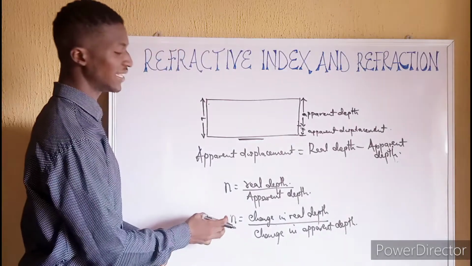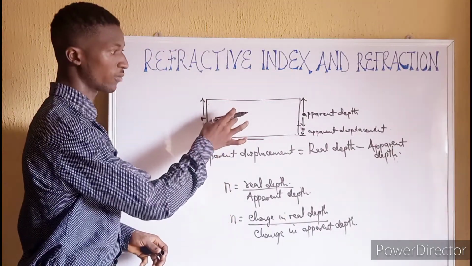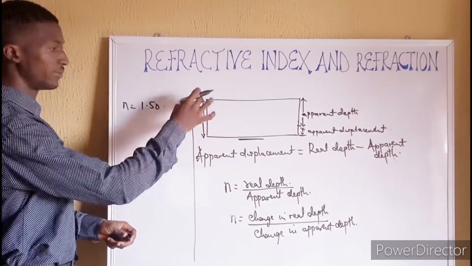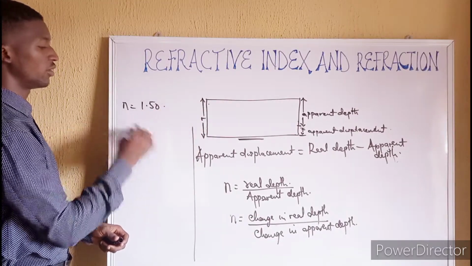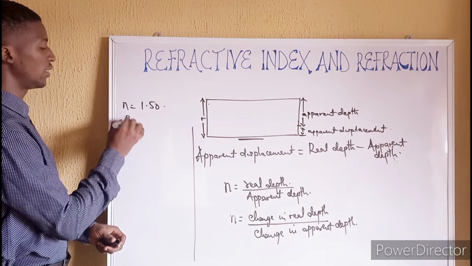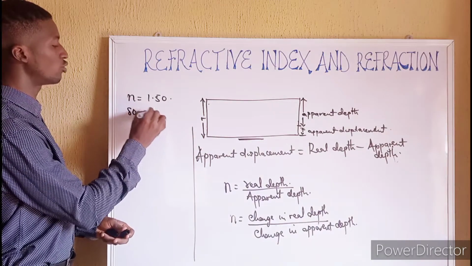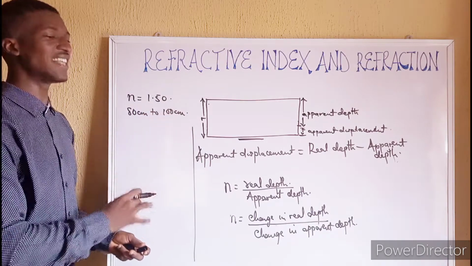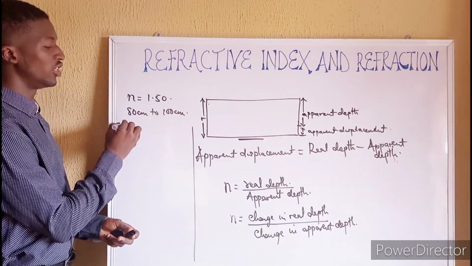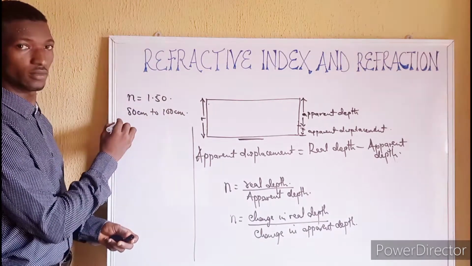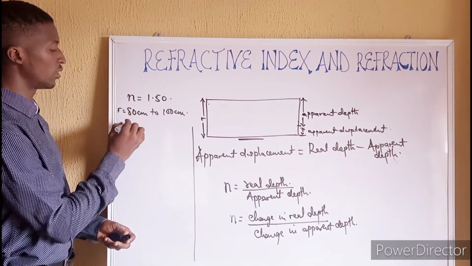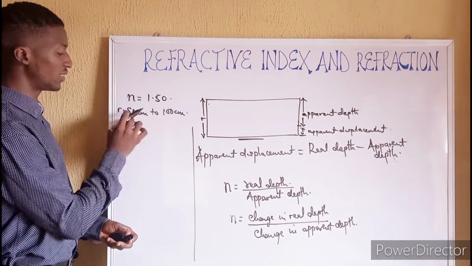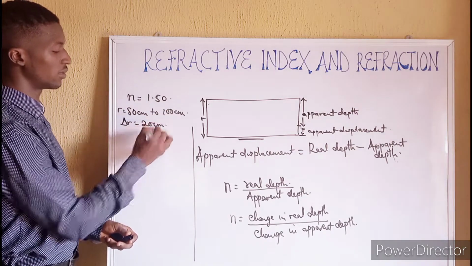So if I should give you that the refractive index of a glass block is 1.50, and the change in real depth is 80 centimeter to 100 centimeter. Now in this case, I can ask you to determine the change in apparent depth. Since the change in real depth is 100 minus 80, that is 20 centimeter.